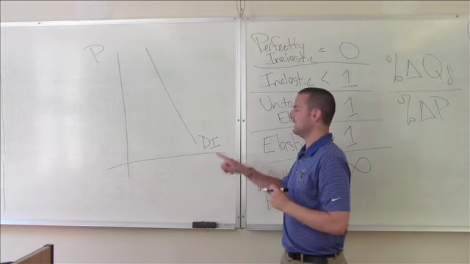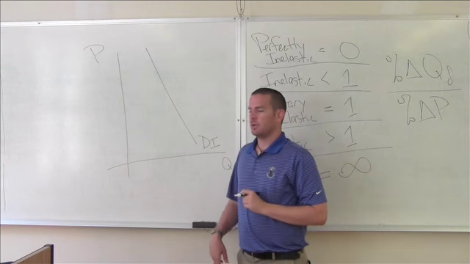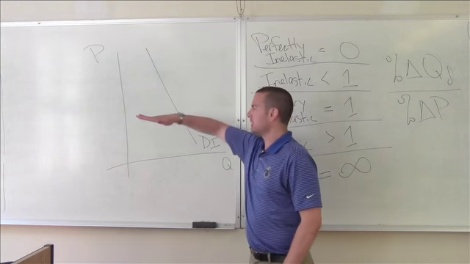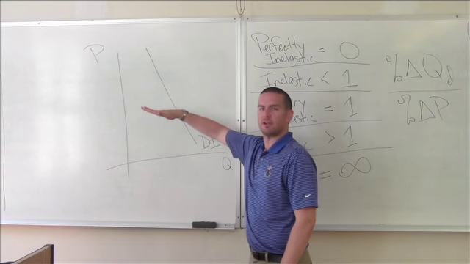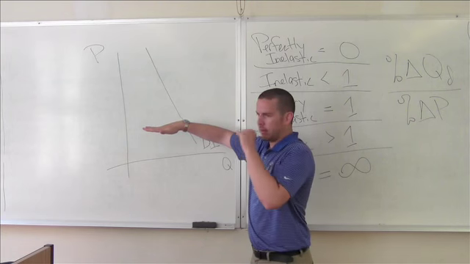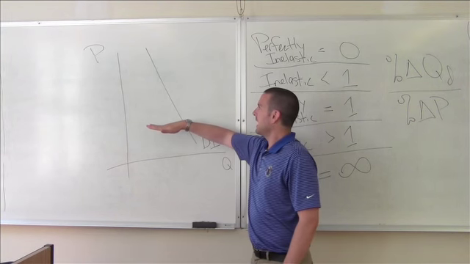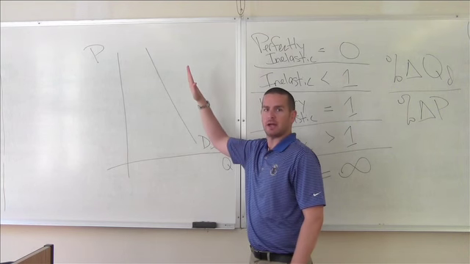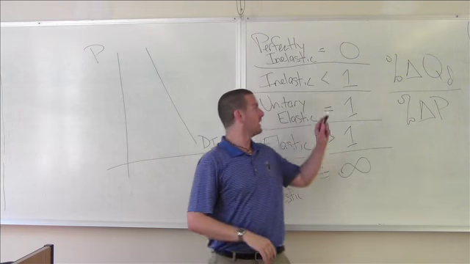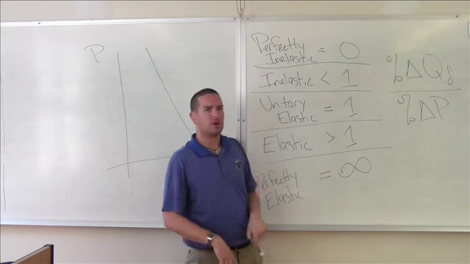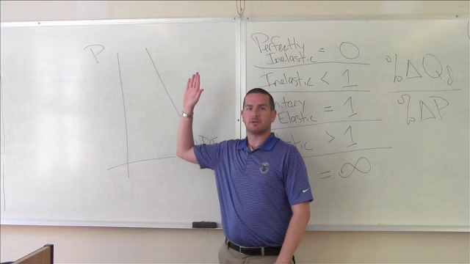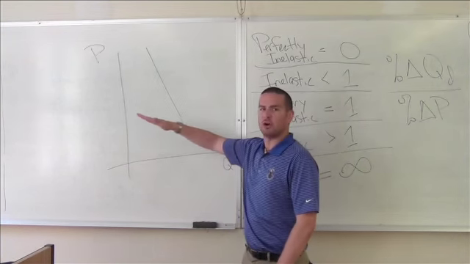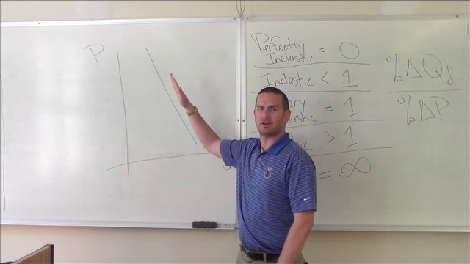We saw that an elastic demand curve is fairly horizontal, and an inelastic demand curve is quite vertical. Well, these 3 are logical outgrowths of the changing shape. We were fairly horizontal, now we're fairly vertical.